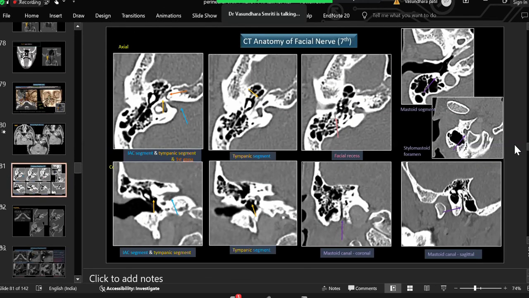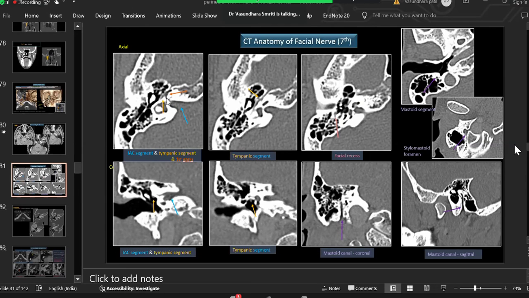Okay. So facial, we should know on the bony part, as well as on the MR. We know that the cisternal segment comes into the internal auditory canal. We have a canal over here through which the facial travels, and then it divides at the first genu and gives the petrosal. The rest continues as the tympanic segment.